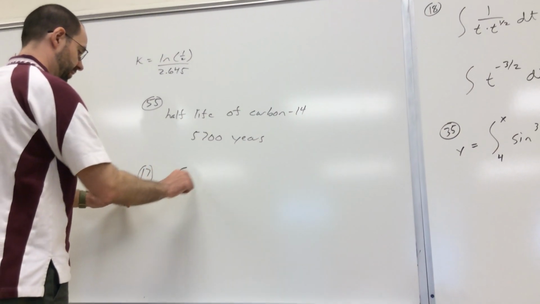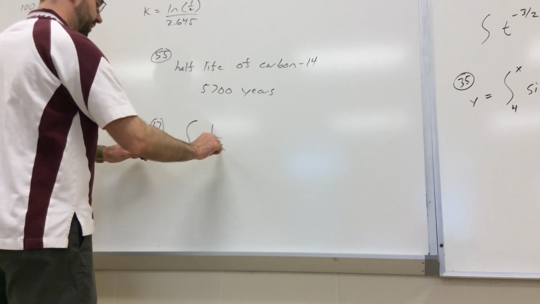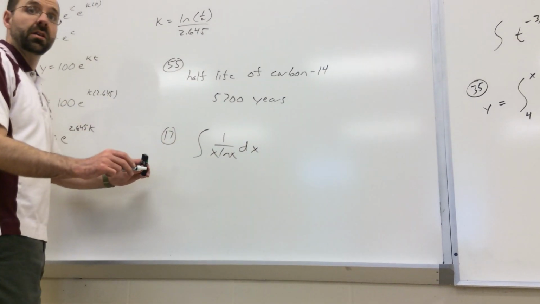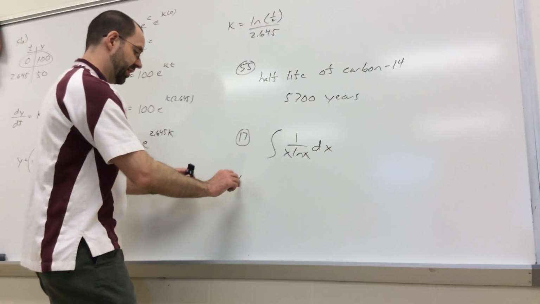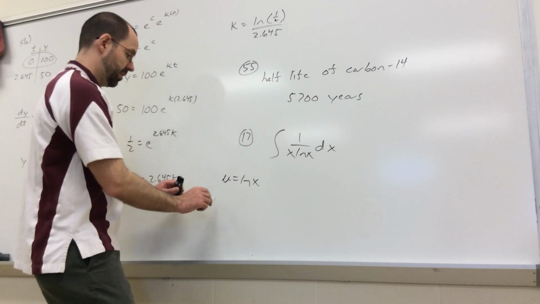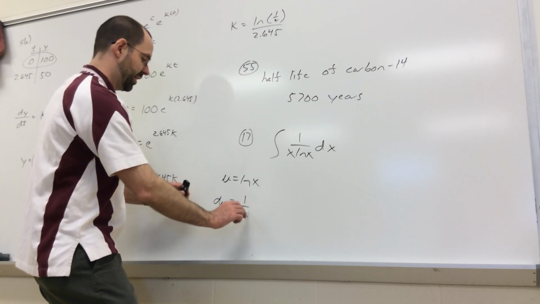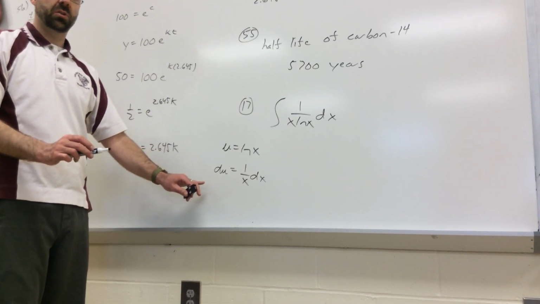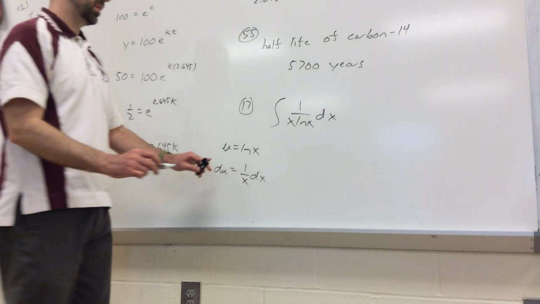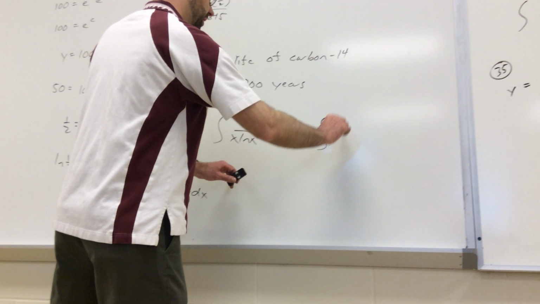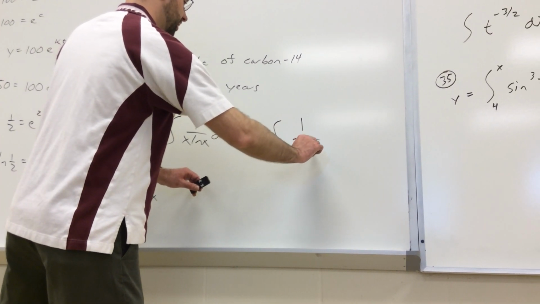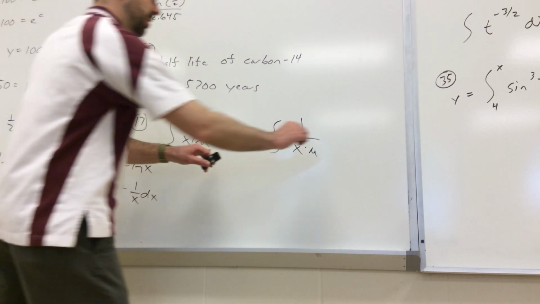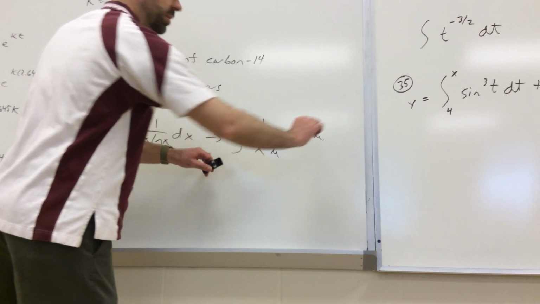So we're taking the antiderivative of 1 over x ln x dx. So you should have u be ln of x. So du is 1 over x dx, and so dx is x du. So this translates into 1 over x times u times x du.